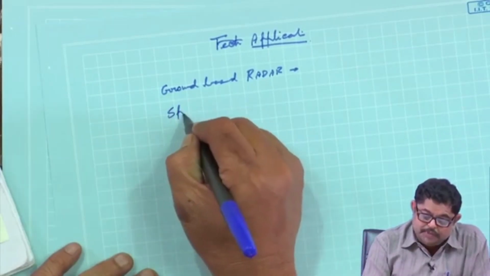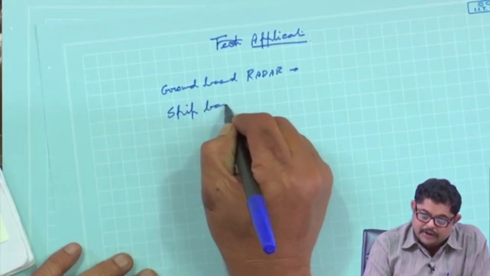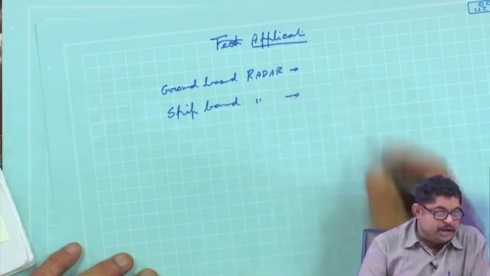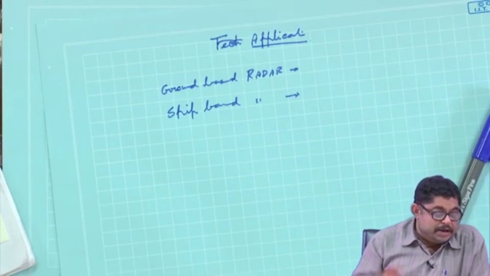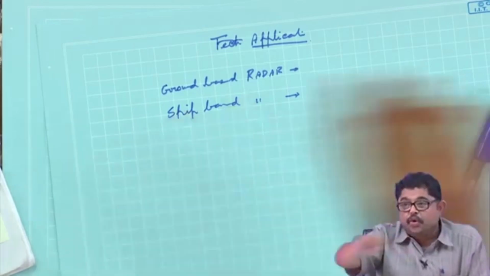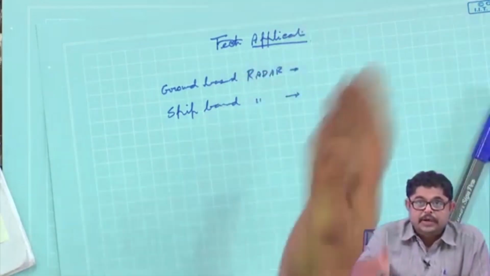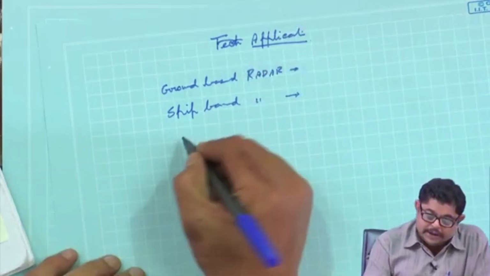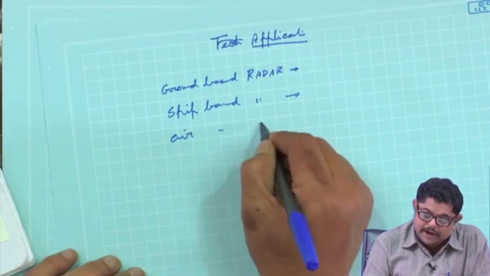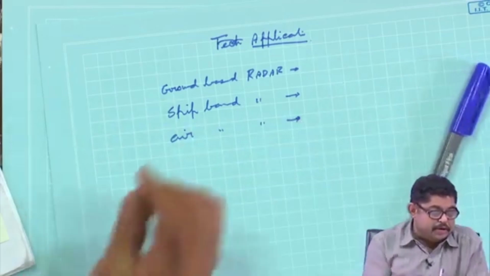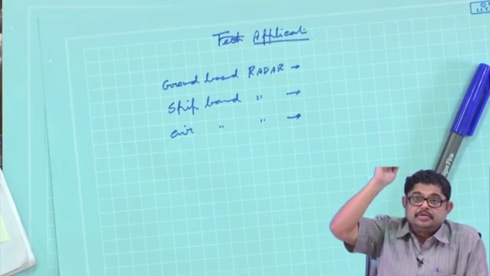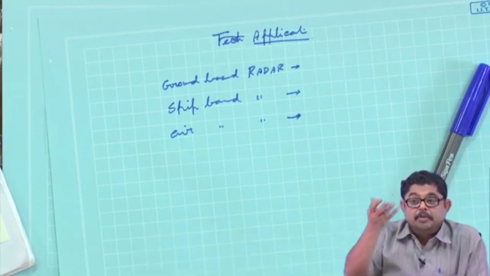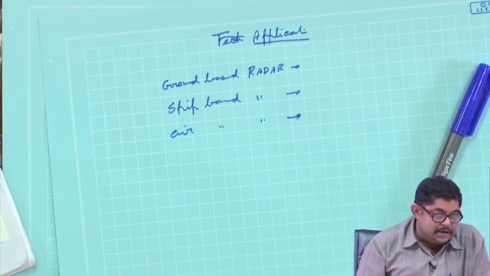Then ship based radar. They are used for detecting naval objects, aircraft navigation, and as an aid to locate shorelines or buoys when you are voyaging. Then there is air based radar, also called airborne radar, for detection of aircraft from the air. That gives you an advantage, because you can detect an aircraft earlier.